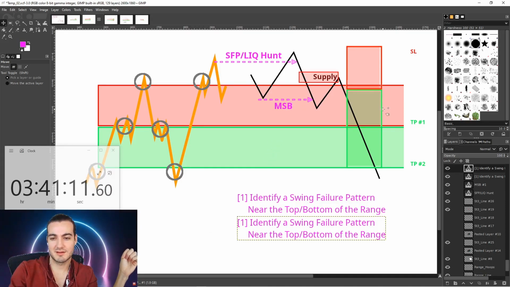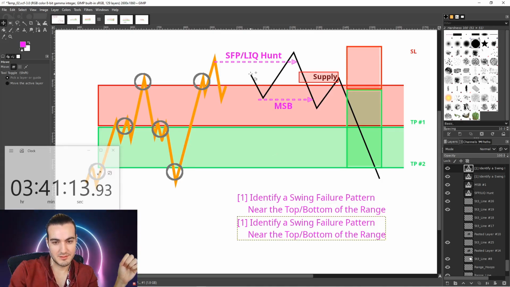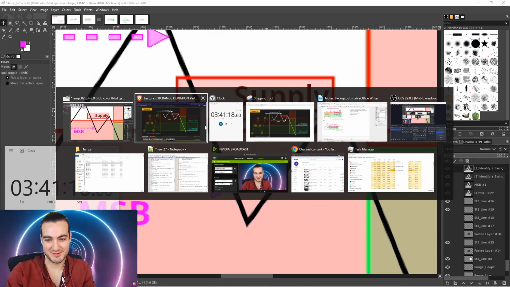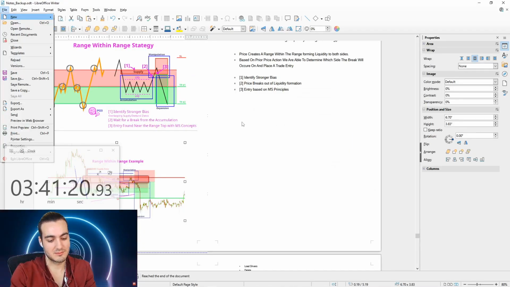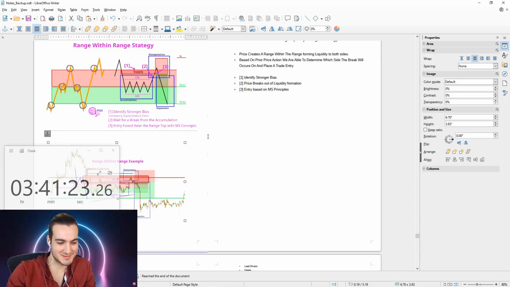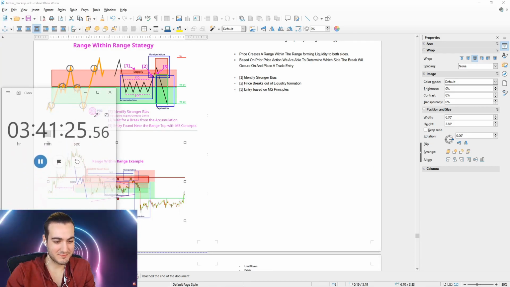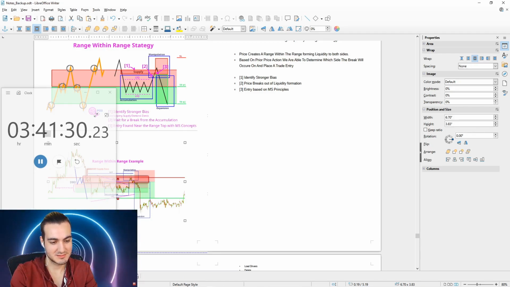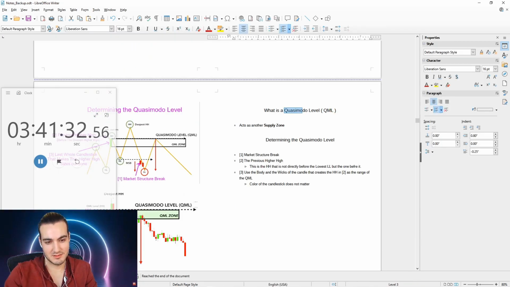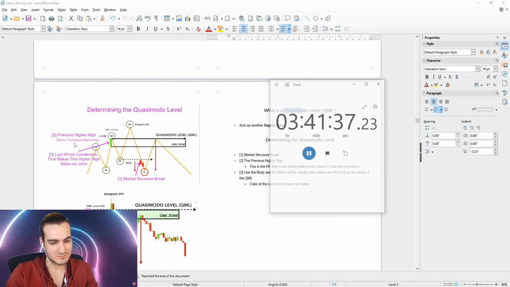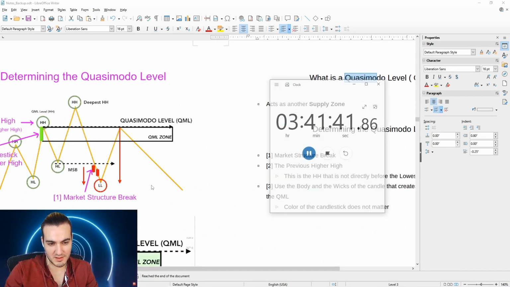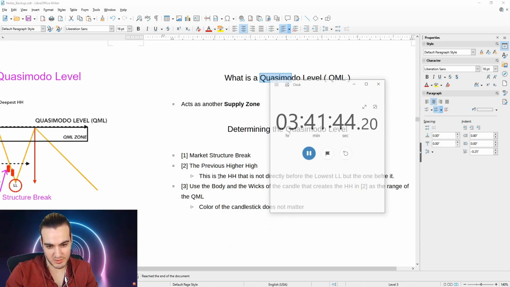Oh, this might be Quasimodo level. Let's go back and look at that. Oh, no, like, come on, it isn't Control F, fine. Yeah, look at that. That's what it was. I knew it was something. It was just tickling my brain. So we have the market structure break, the previous higher high.